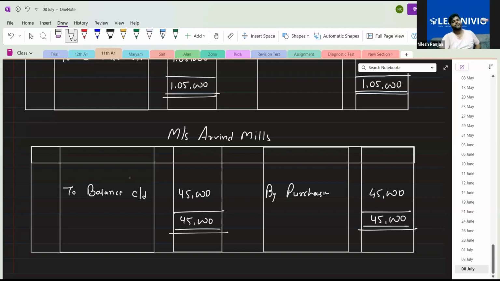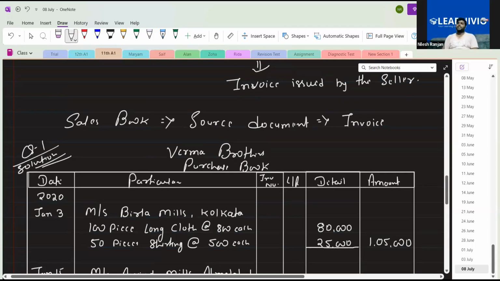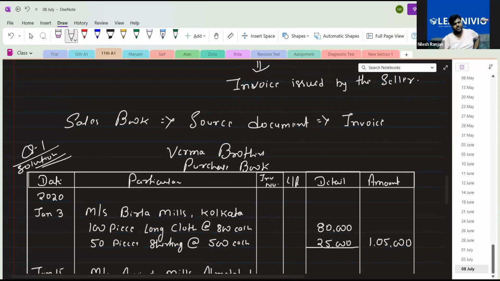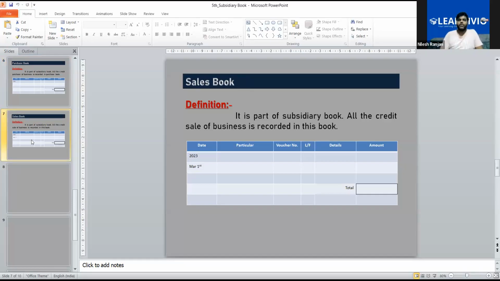Is that clear? Okay. Now the sales book is also prepared in the same way. There is a little bit of difference, but it is prepared in the same way. You can see here, it is also part of the subsidiary book, and all the credit sales of the business are recorded in this book.